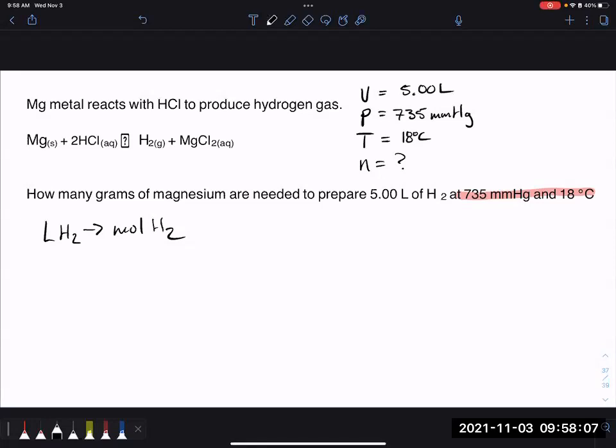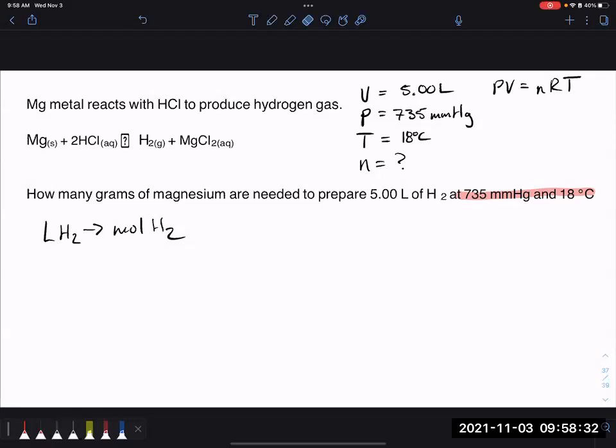So with all of these things, this is where I would have a list of all these equations written out. We can use PV equals nRT. The caveat is that we need R, we need to convert this to atmospheres to use our R value.